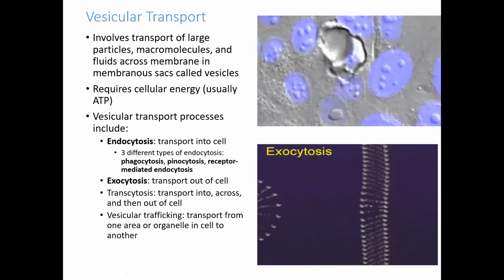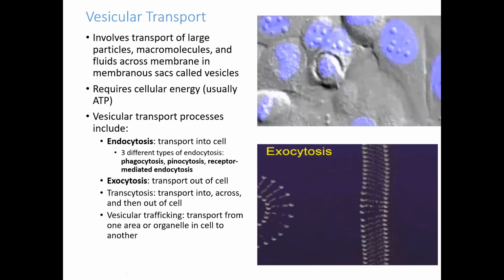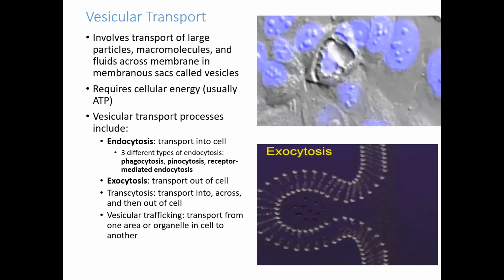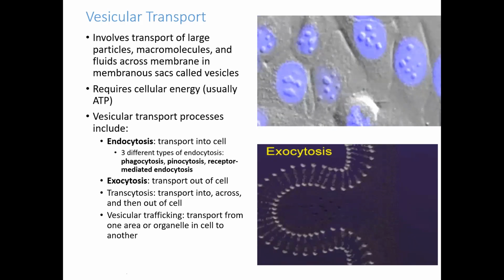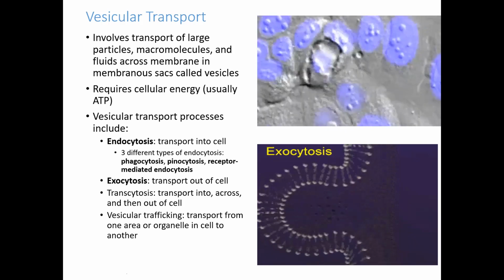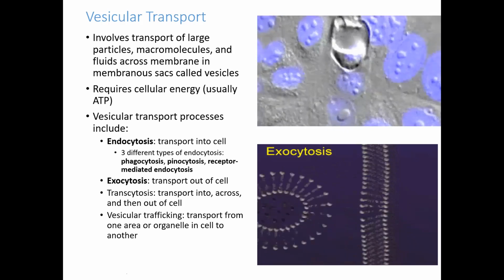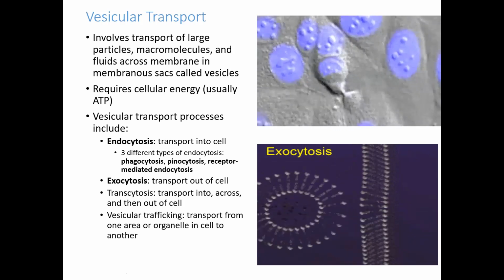We have what's known as phagocytosis, pinocytosis, and receptor-mediated endocytosis. Phagocytosis is food eating, pinocytosis is water drinking, and receptor-mediated is a specialized receptor just for certain types of molecules.